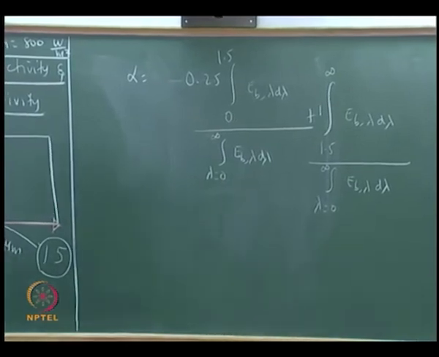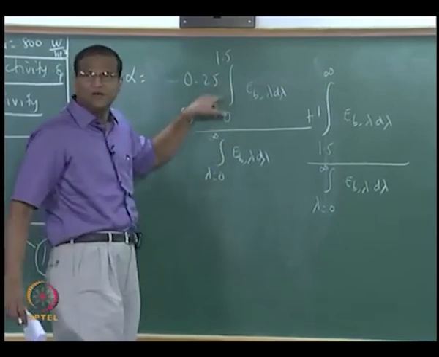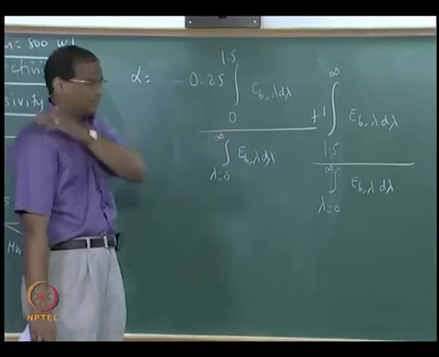Okay. Now to get this 0 to 1.5 divided by 0 to infinity, what do I use? I use the f charts or f function chart.